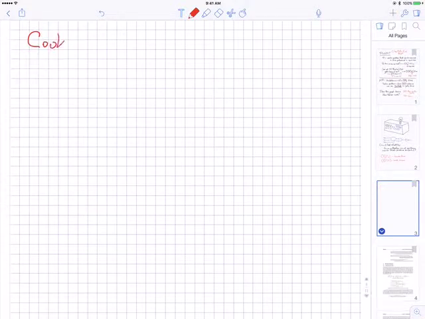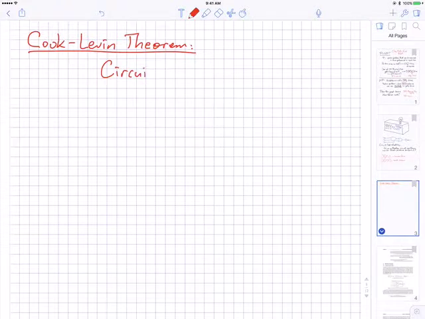So what the Cook-Levin theorem, following standard practice in theoretical computer science, I'm putting them in alphabetical order, in modern language is: circuit sat is NP hard.